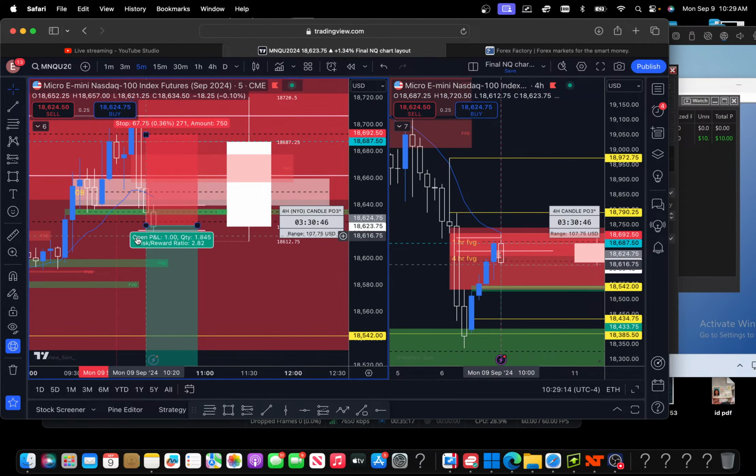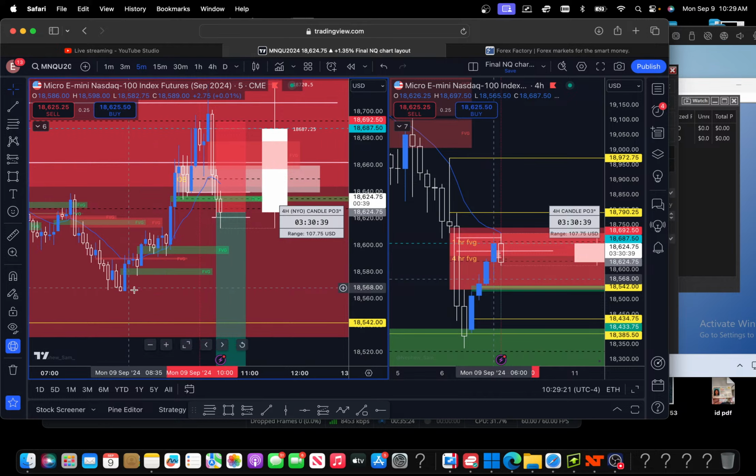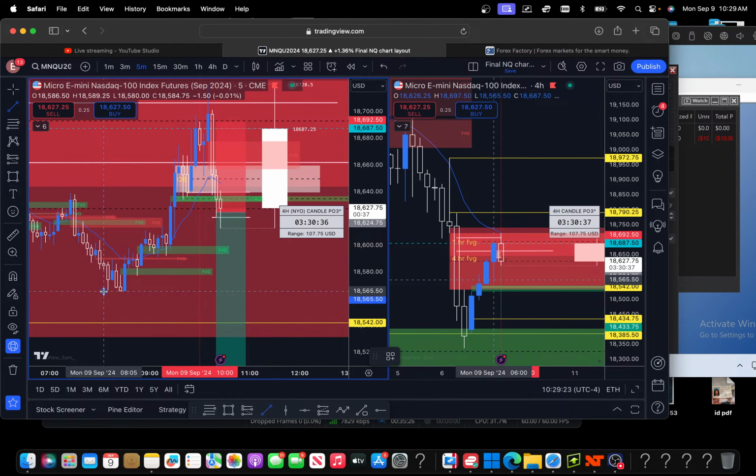All right, 47 seconds. We're getting our inverted value gap on the 5 minute. So now I'm going to mark this and see what price we're at at this level. 562.